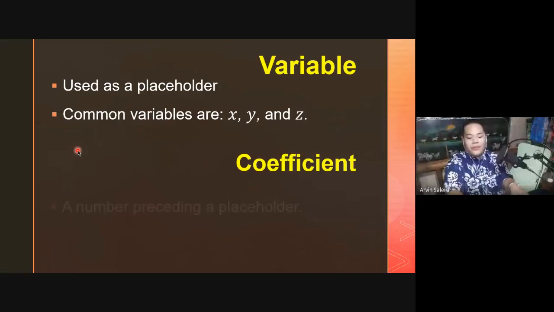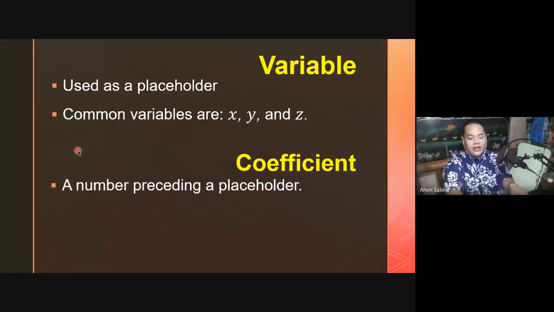Now the coefficient, a number preceding a placeholder. Whenever there is a placeholder, there will be a number preceding it, meaning a number that comes first before the placeholder, before x, before y, or before z. That number is called the coefficient.